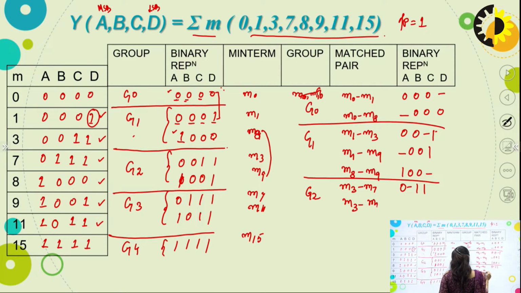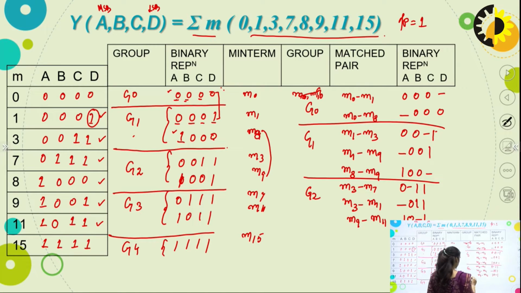M3 with M11, A will be removed, and we will have 0, 1, 1. Then compare M9 with M11, we are going to have 1, 0, C will be removed, and 1. So this group is done.